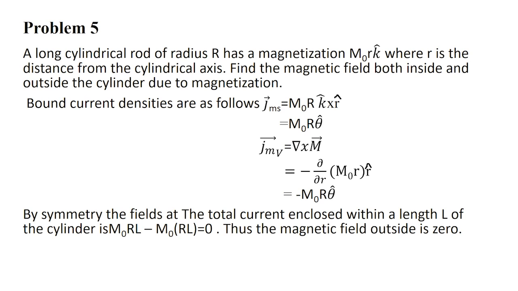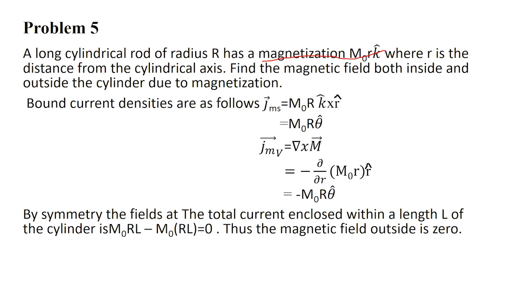The magnetization is given as M0 r k cap, and for the unit vector we take k cap cross r cap, which is equal to theta cap.